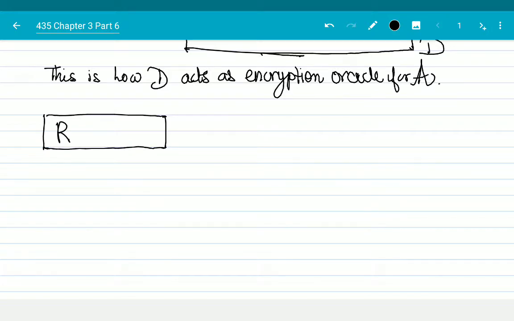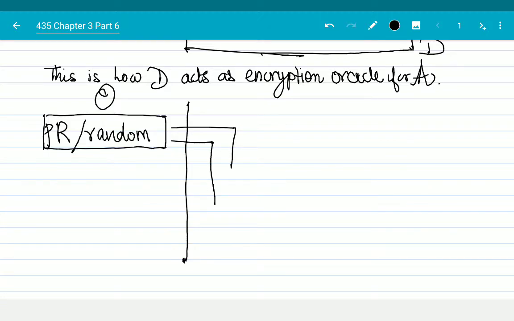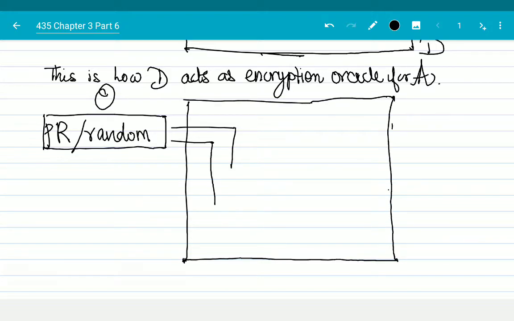We again have basically the same setup: the oracle O that D wants to figure out whether it's random or pseudo-random, and my distinguisher D doing more or less the same thing as before, except now, since it's part of an encryption, A has to give two messages, M0 and M1.